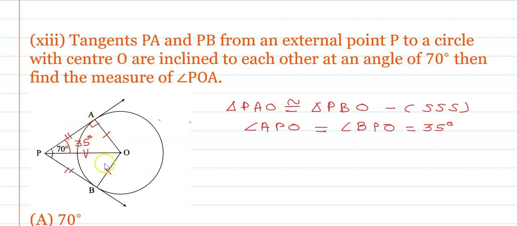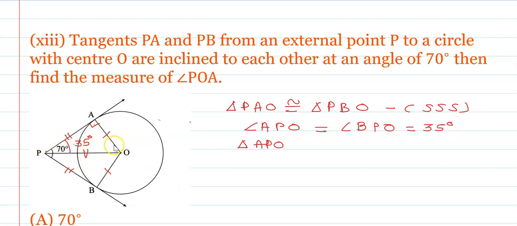This is 90. Therefore, in triangle APO, what's happening? The measure of angle A is 90 degrees. The measure of angle APO is 35.